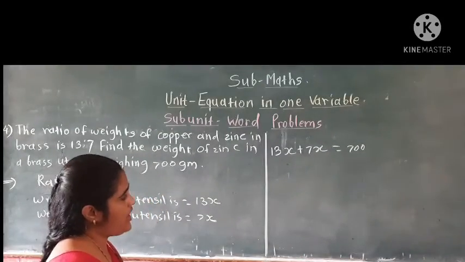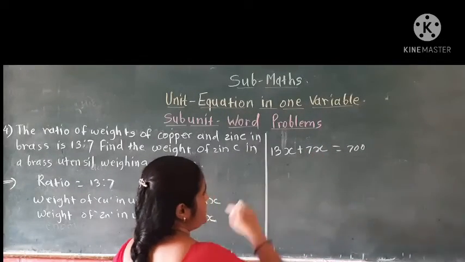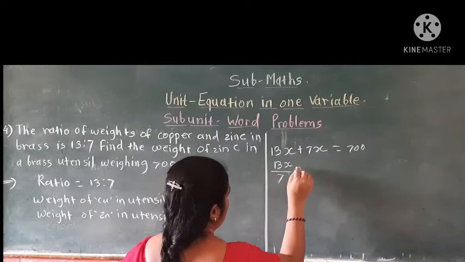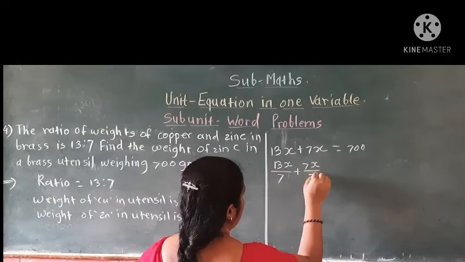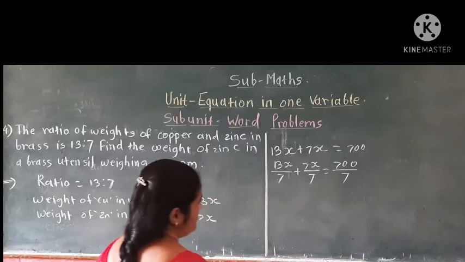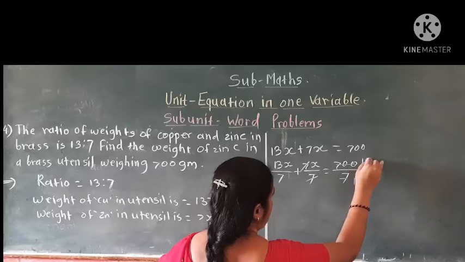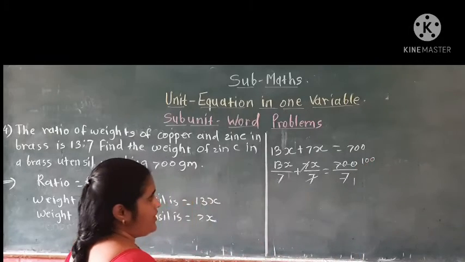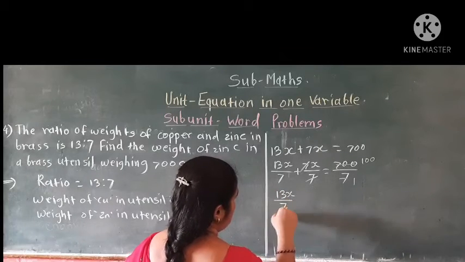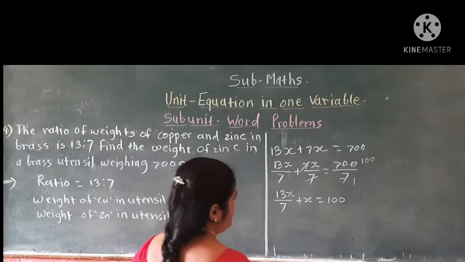First, we divide both sides of the equation by 7. Then 13x divided by 7 plus 7x divided by 7 is equal to 700 divided by 7. Here the 7 gets cancelled, and after division the remaining value is 100. Then the remaining expression is 13x divided by 7 plus x is equal to 100.